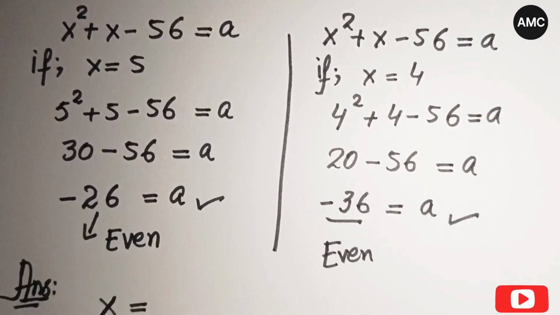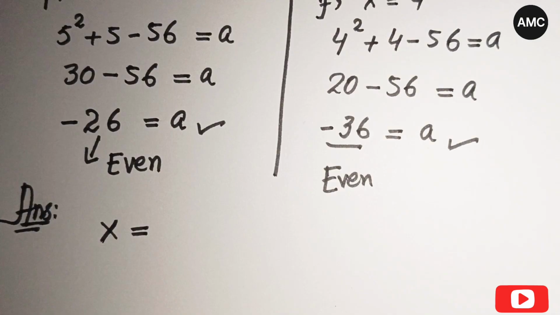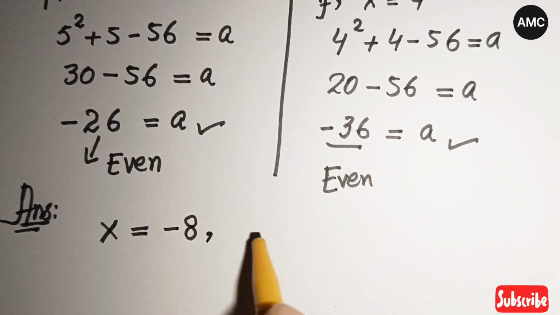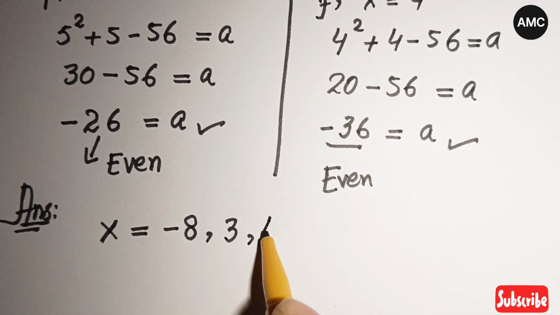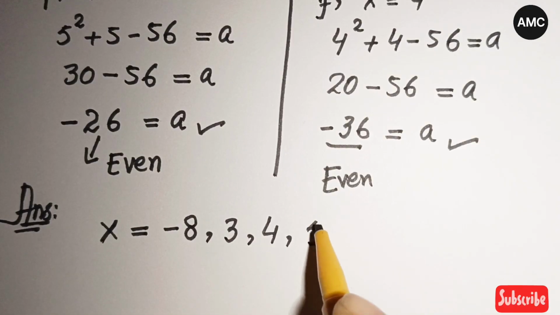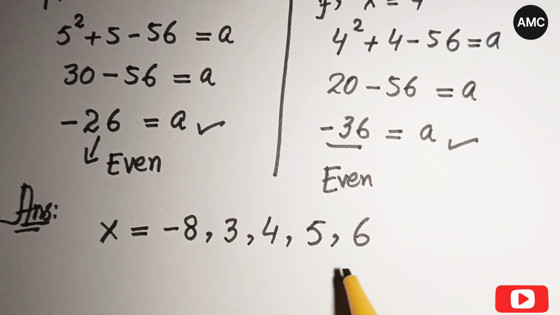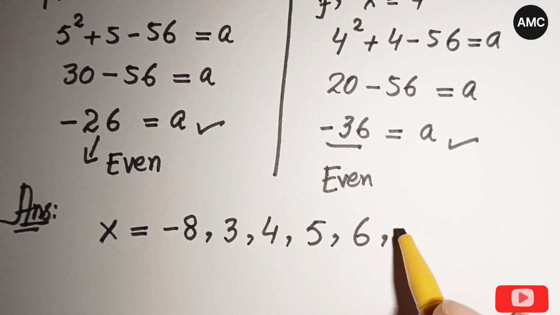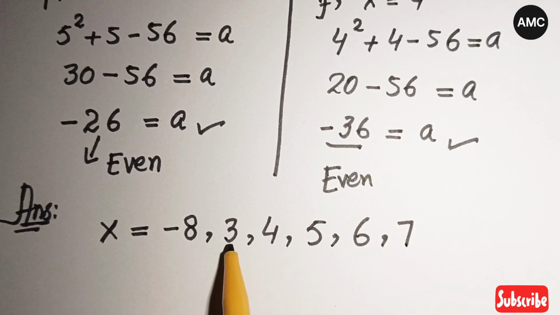Now our final solution is x = −8, then 3, then 4, 5 and 6, and also x = 7. So we get 1, 2, 3, 4, 5 and 6 values of x, which is our final answer.